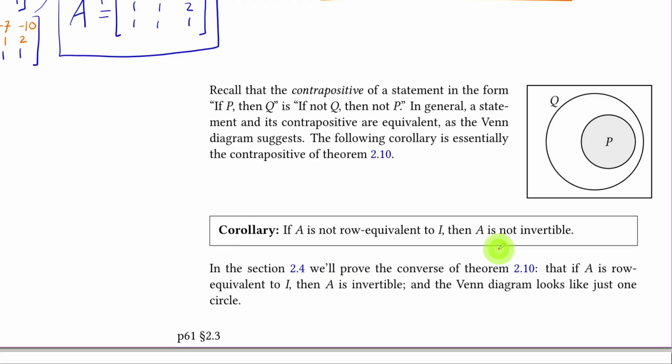This little Venn diagram might look familiar if you read the proof writing section.